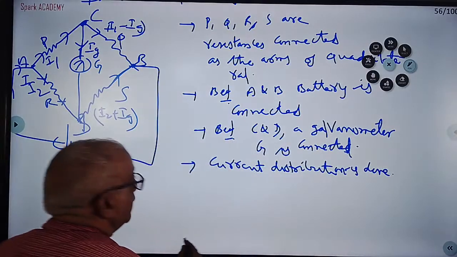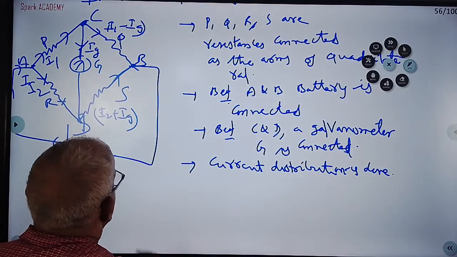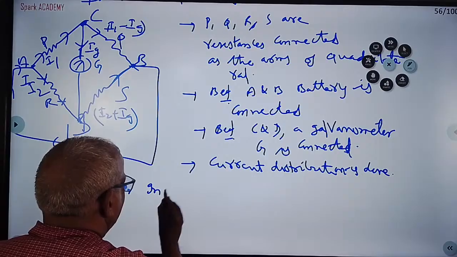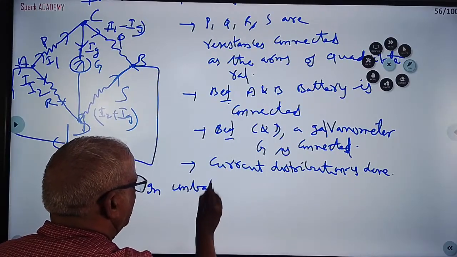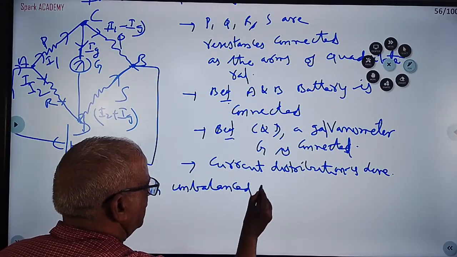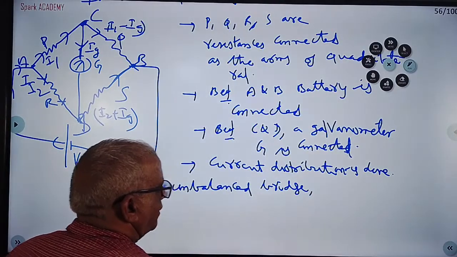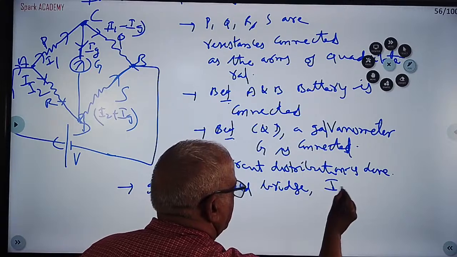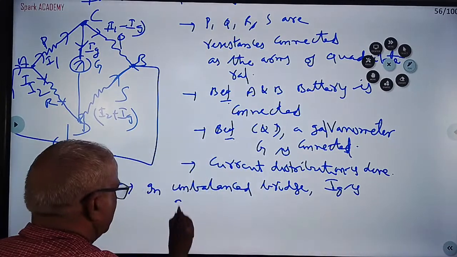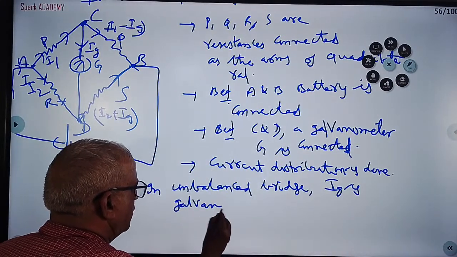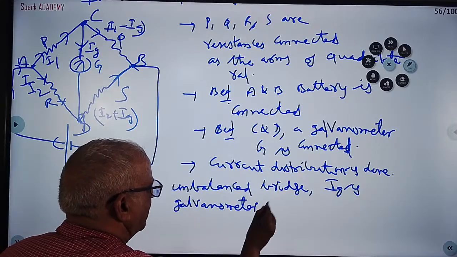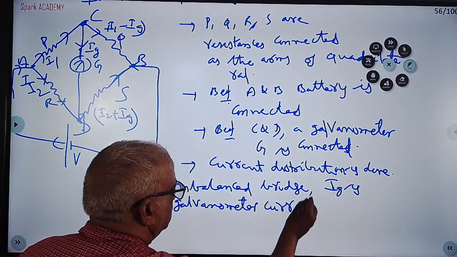Okay. Now, in the unbalanced bridge, Ig is the galvanometer current.